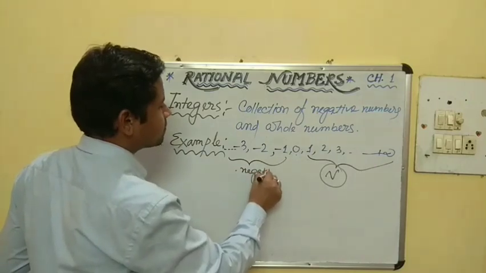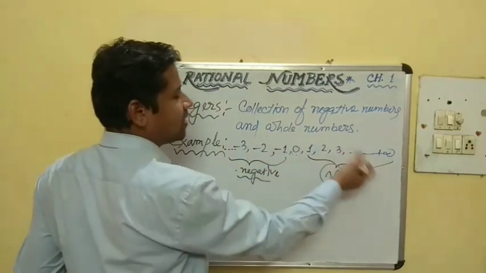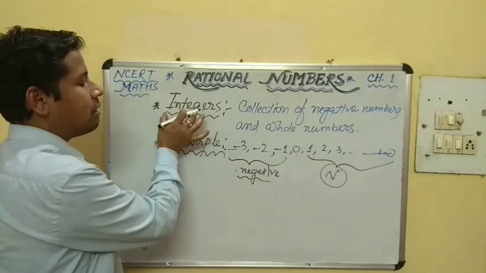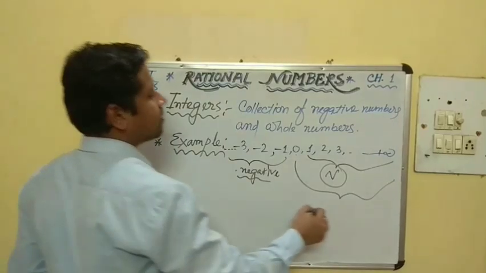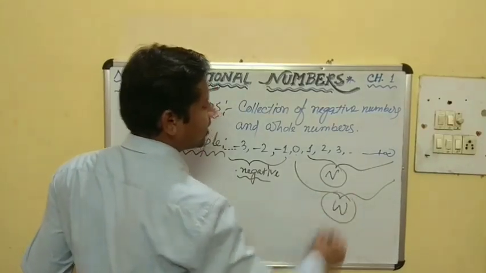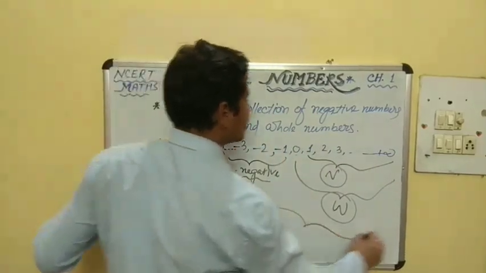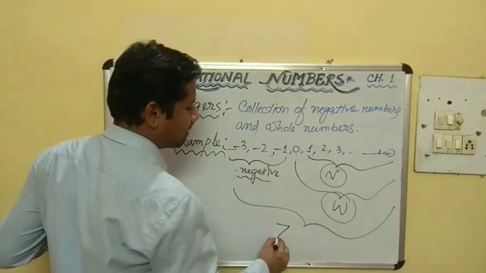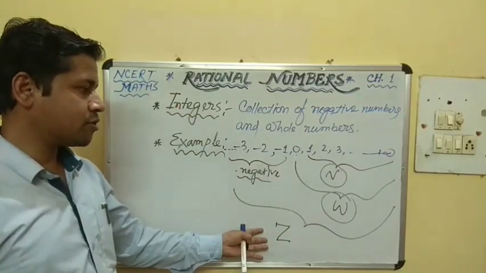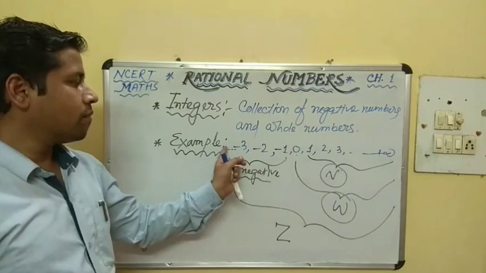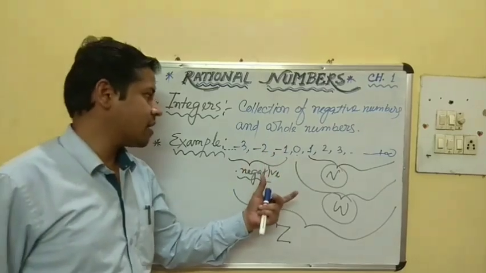The total collection of negative numbers, 0 and natural numbers is the integers. If you take from 0 to positive infinity, it becomes the whole numbers, denoted by capital W. The total collection, the integers, is denoted by capital Z, the set of integers, from minus infinity to plus infinity.